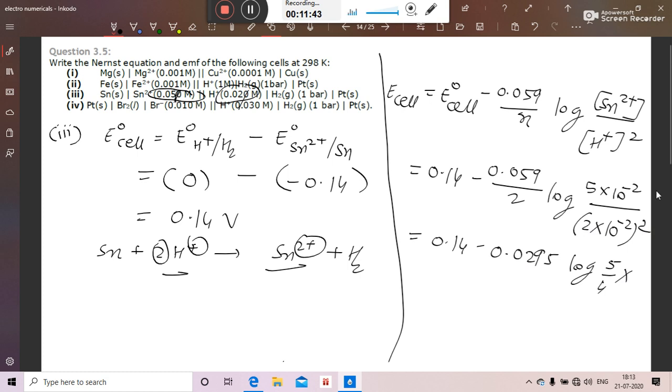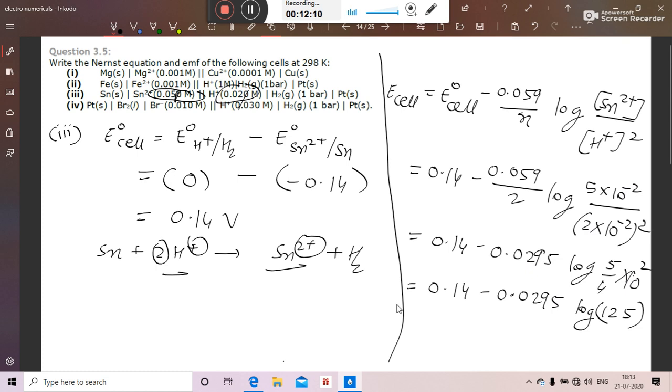When it goes in the numerator it becomes 10 raised to plus 4, and 10 raised to plus 4 and 10 raised to minus 2 will be 10 raised to 2. So that is equal to 0.14 minus 0.0295. Now this will become log of 5 into 10 raised to 2, which is 500, upon 4. So it will become 125.